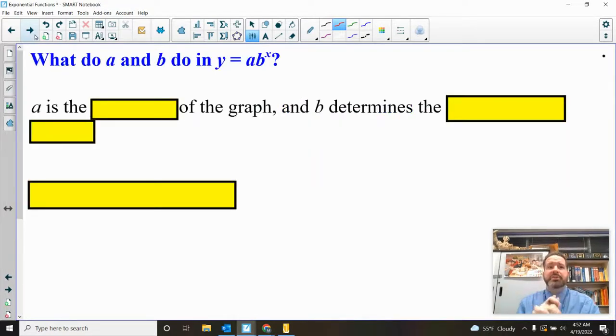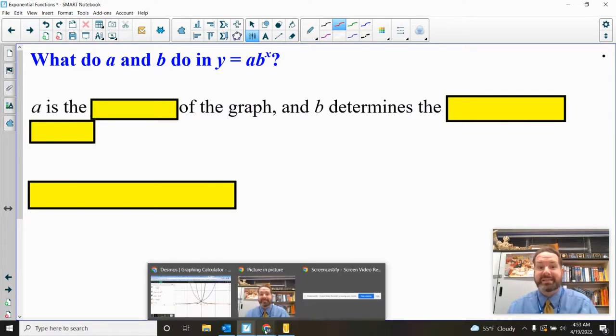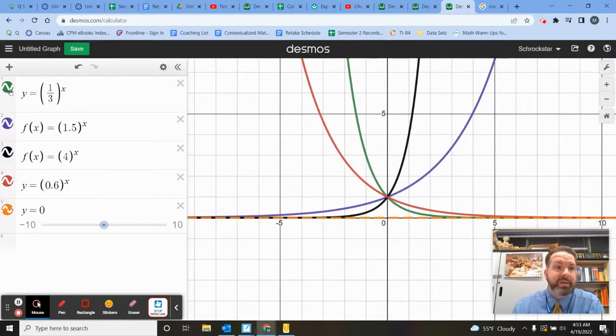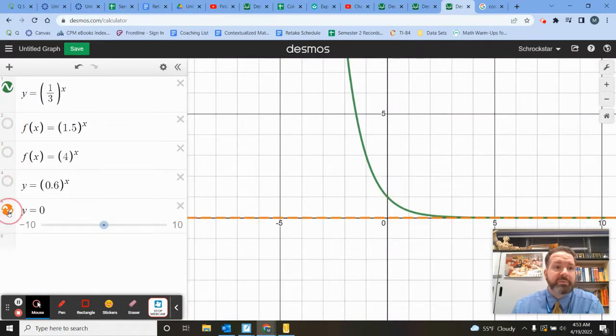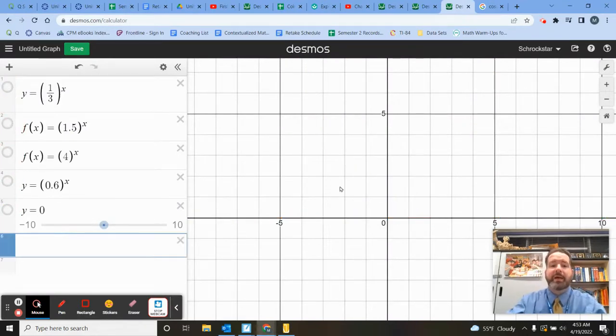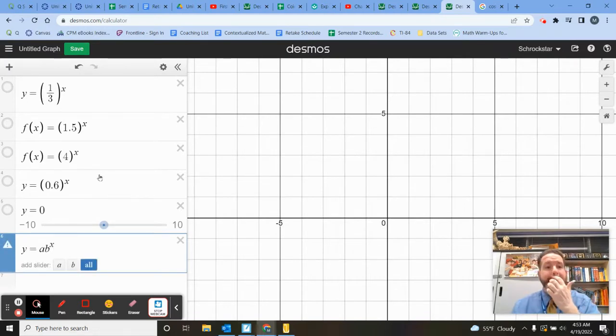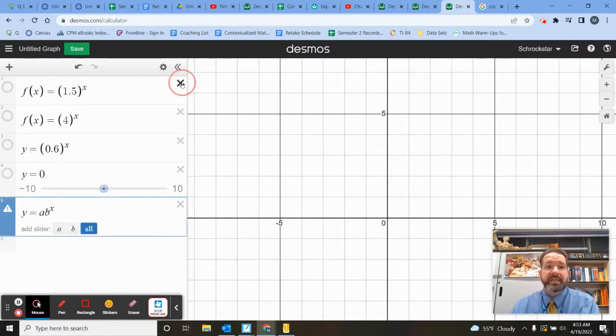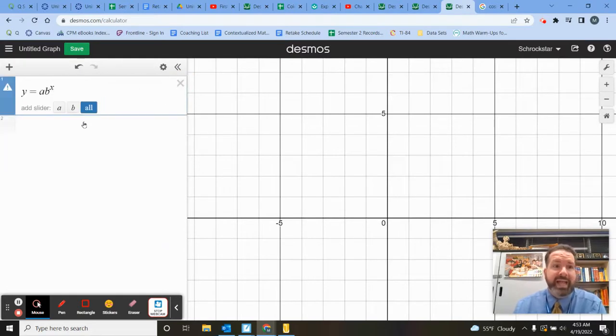All right, so what do A and B actually do? To determine that, we're going to go back to the Desmos. I hope you've got that open. I'm going to turn these off and put in now y equals a times b to the power of x. And when you do this on yours, it's going to say, hey, do you want to add sliders? I want you to choose all.